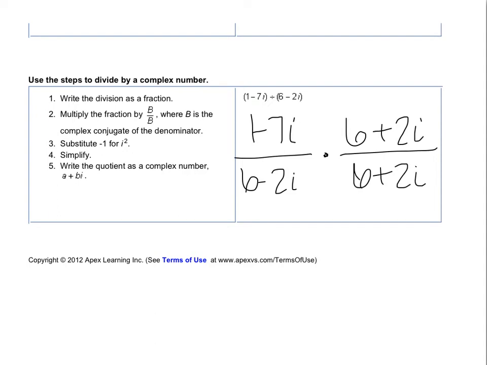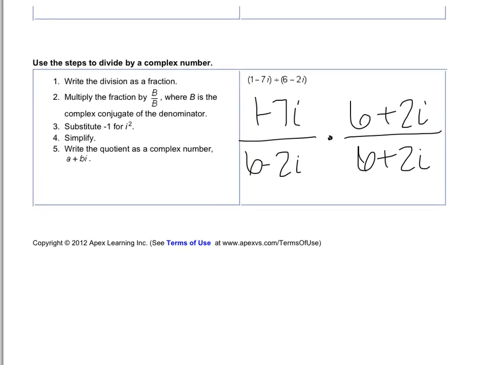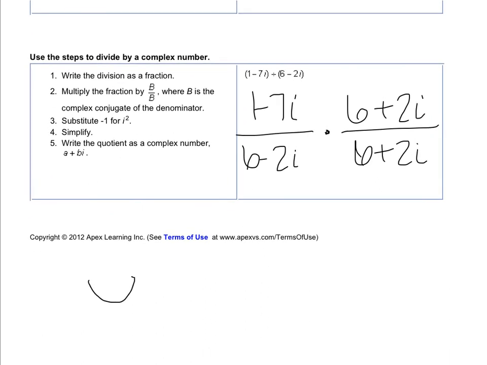Now, this is a lot of work, so I want you to look at your calculators, your TI-84s, and if you look right above the decimal point, you should notice that you have the decimal point, then you have i, that is blue, and then you have something else over here that's in green.